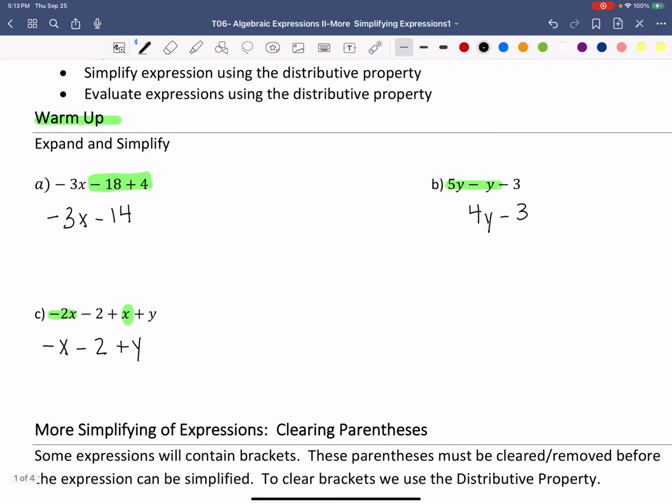So rather than A times bracket B plus C, we can also write that as A times B plus A times C. And again, that remains the same idea if in the bracket it's subtraction rather than addition. Same idea. This time we would have AB minus AC. So the left side equals the right side.